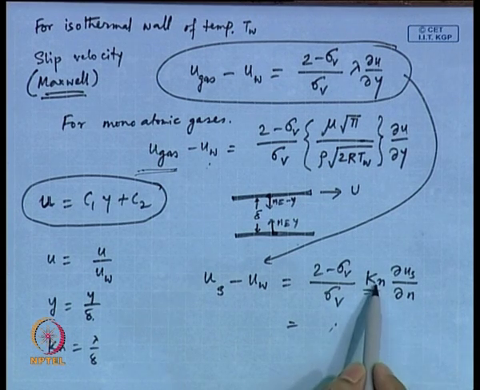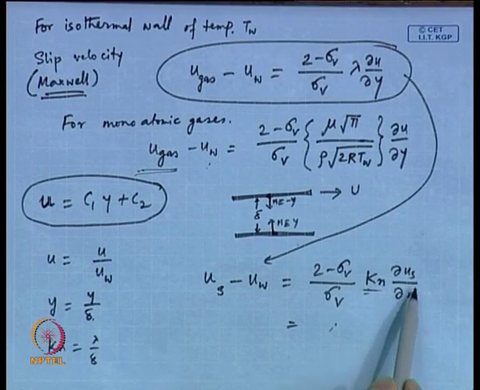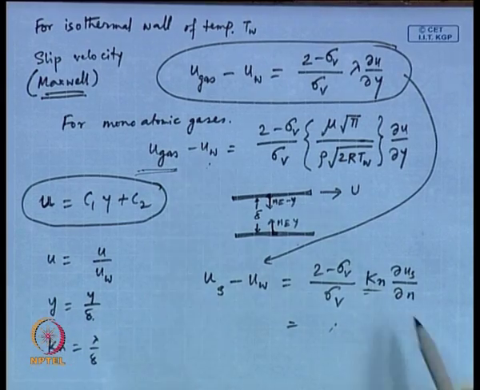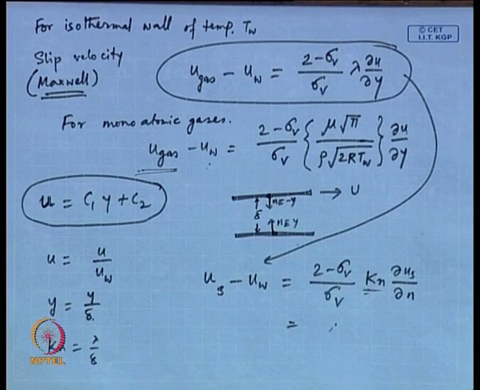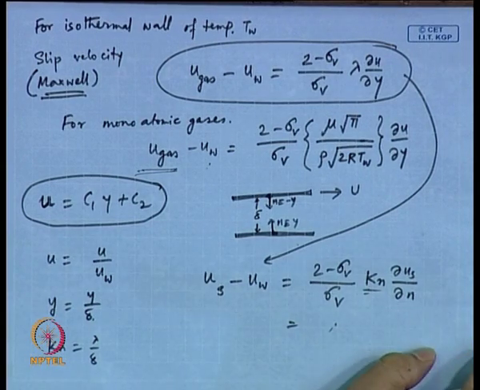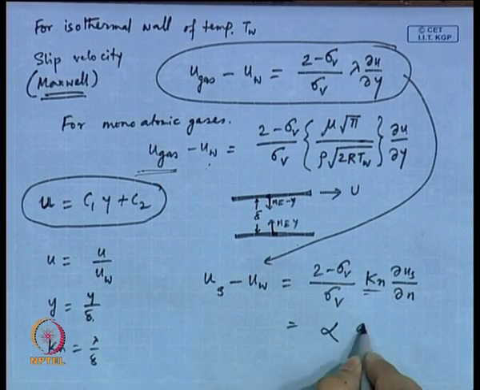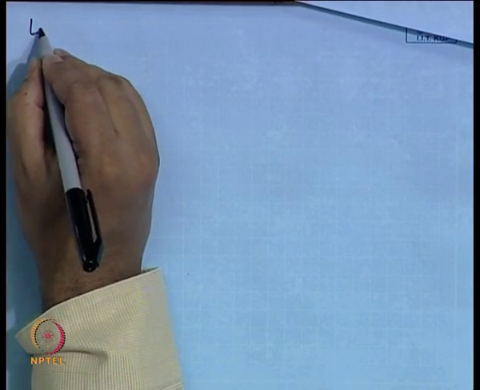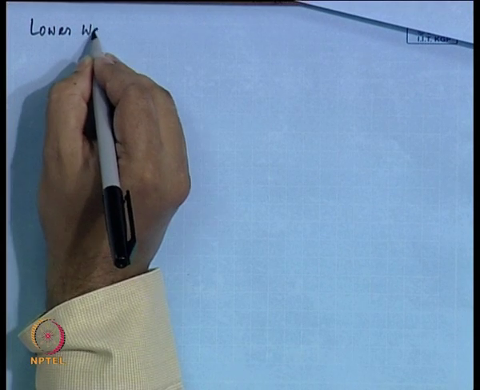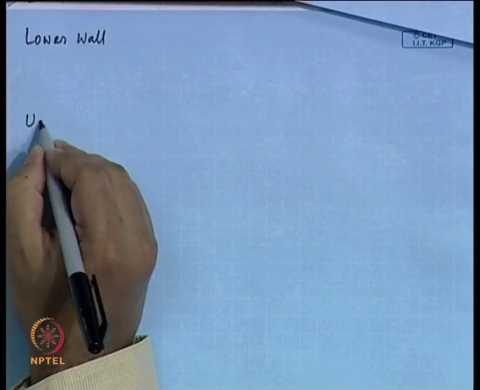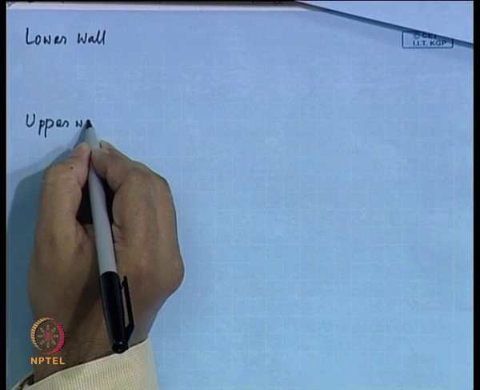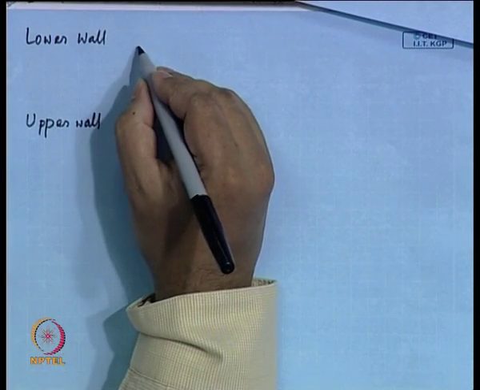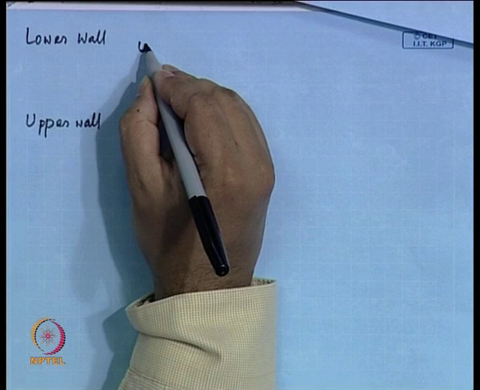So, instead of writing it as lambda del u del y by delta, we put the delta inside and make it Knudsen number. Now, we can write this as alpha del u s del n. Let me write this further. If I split this into lower wall and upper wall, what do we get? Lower wall, you have u w is equal to 0.